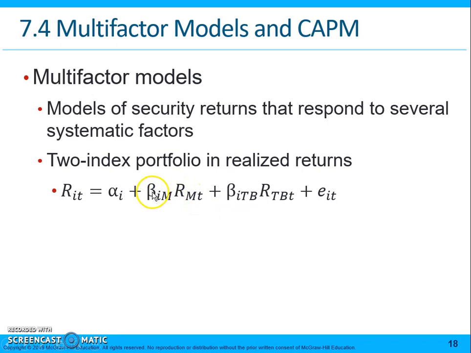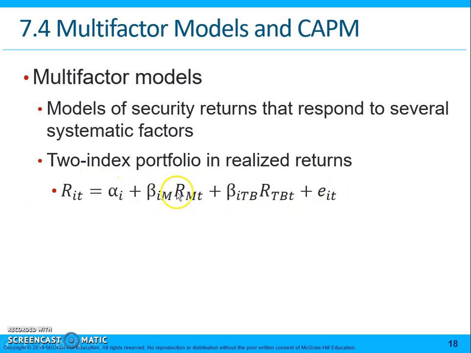So the beta for security i multiplied by the excess return on the market portfolio, plus a T-bond beta for security i in relation to the treasury bond, and then the excess return of the treasury bond. So this would be the expected return on the treasury bond minus the risk-free rate, and then again we have our residual or error term for that specific security during period t.